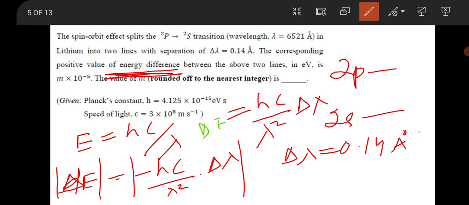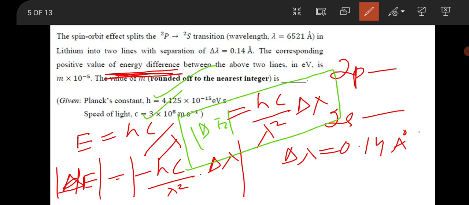Everything is given: h is given, c is given, lambda is 6521 Angstrom, and del lambda is 0.14 Angstrom. You just have to put in the values and calculate carefully, then you will get the answer. Okay, this is the question.